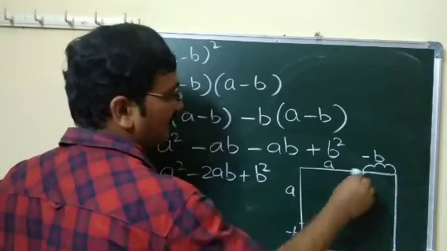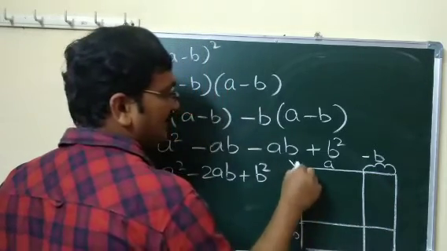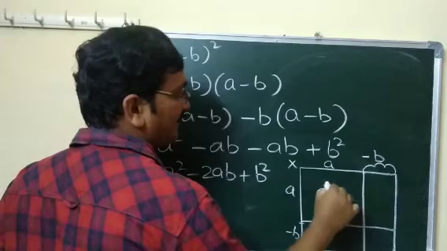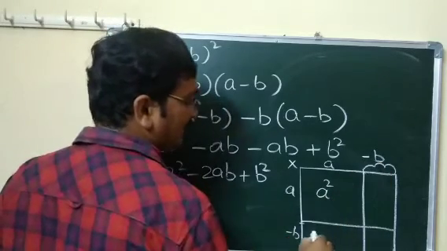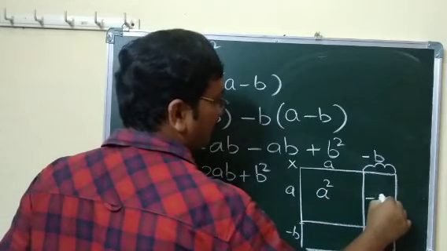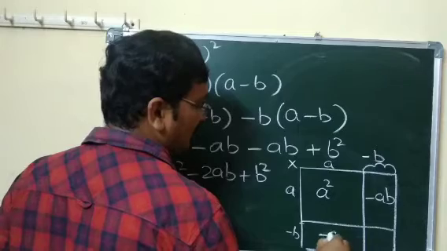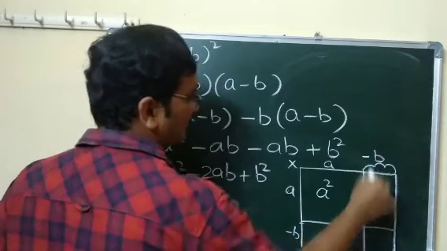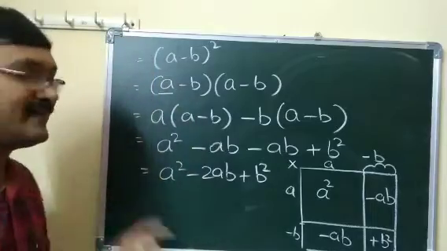Now see, here this is A square, and this is A into minus B, minus AB, minus into this is minus AB, minus into minus is plus B square. This is only for your understanding purpose.